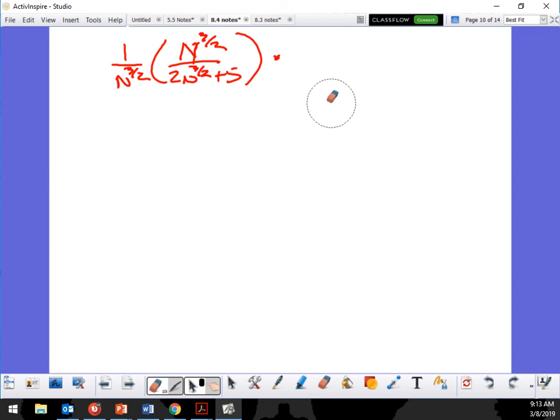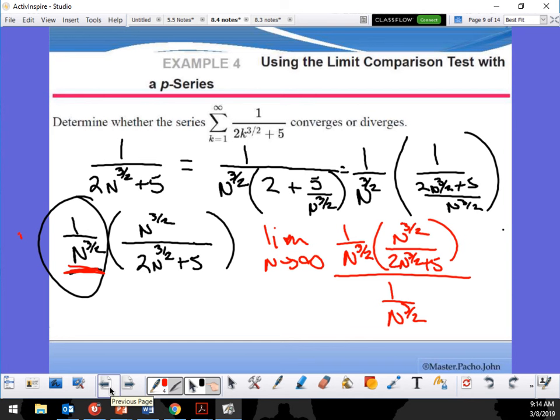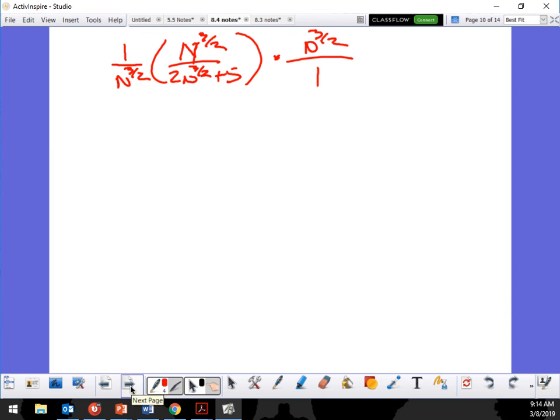Get the reciprocal at the bottom. So I flipped over, algebra, right? I took this and multiplied by the reciprocal at the bottom. Bam, bam. So I'm going to get this, right? Do they have the same exponent? So by taking the limit as n goes to infinity, I'm going to get what? 1/2.